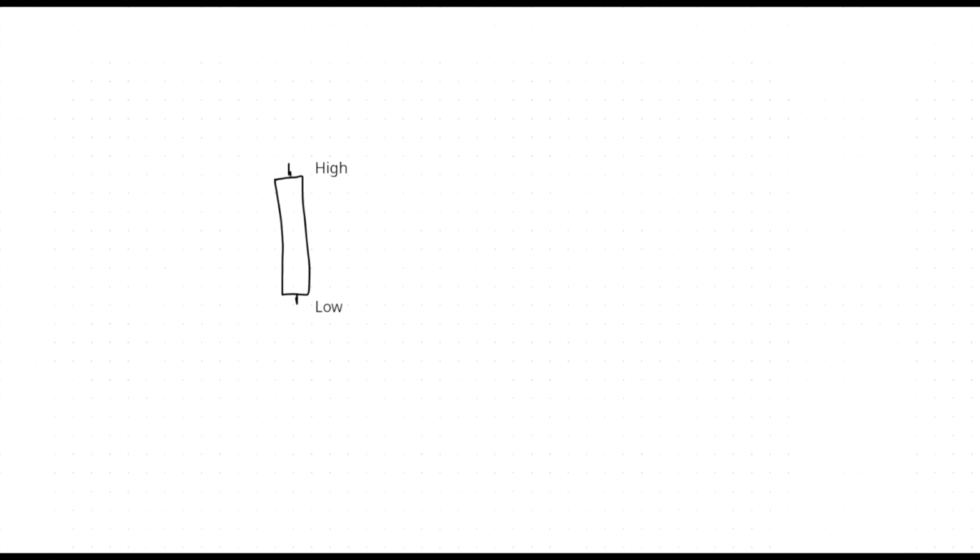A green candle means that the open is lower. So the open would be right here at the bottom. Right here would be considered the open. That's the bottom of the candle. The open is lower than the closing. That is going to cause this to be a green candle.